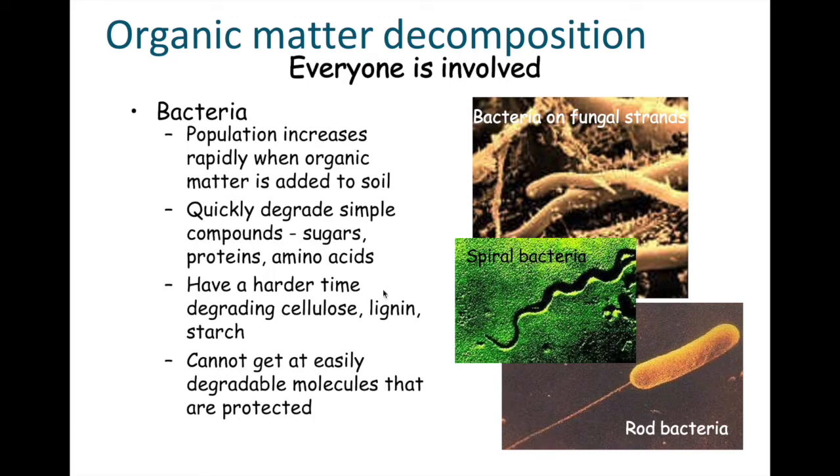Now, if there is a presence of cellulose, lignin, and starch, it requires a longer time for them, because it needs to be broken down into a simpler form, into disaccharide, and then after the disaccharide will be the monosaccharide. They cannot get at easily degradable molecules that are protected.